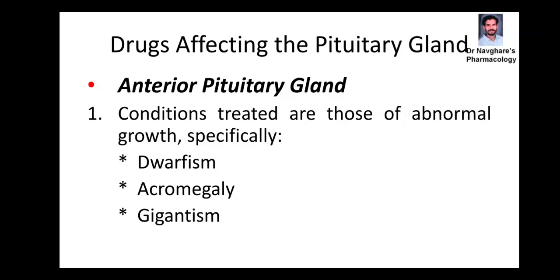After that we will discuss certain conditions and various drugs that affect pituitary gland function. These are a few conditions developed because of abnormal functioning of the pituitary gland, specifically the anterior pituitary gland.